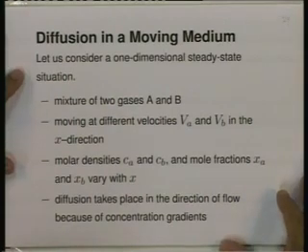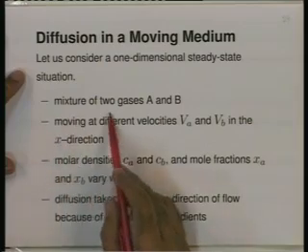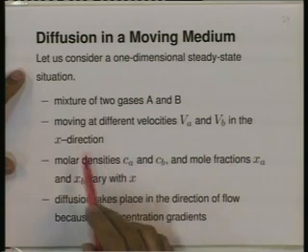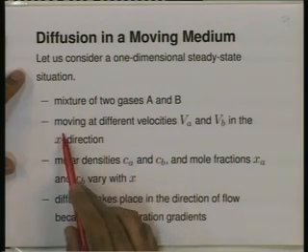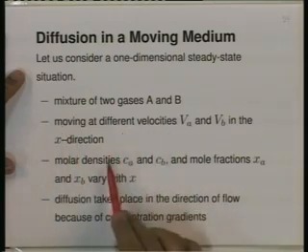Again, for simplicity, we will consider a mixture of two gases, say A and B. We will assume that the mixture is not stationary, the gases are moving at different velocities.